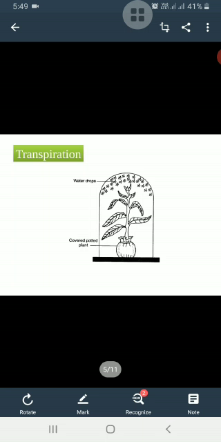To understand transpiration, we can perform an activity. Take a small potted plant and cover the soil of the pot with a polythene bag. Now, cover the whole plant with a bell jar. Keep this setup under the sun for a few hours. You will observe small droplets of water on the inner walls of the jar.